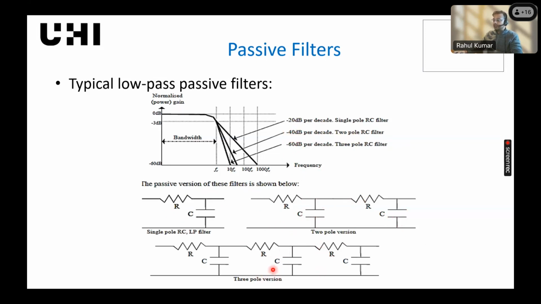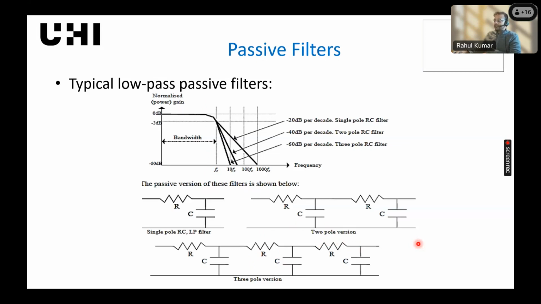Then similarly, you can have a three-pole, four-pole filter like that, and they will have a very sharp slope, which we usually require. We don't want some of the additional frequencies passing through the filter. We want a sharp cutoff or a sharp slope. So we can achieve that using higher pole filters.